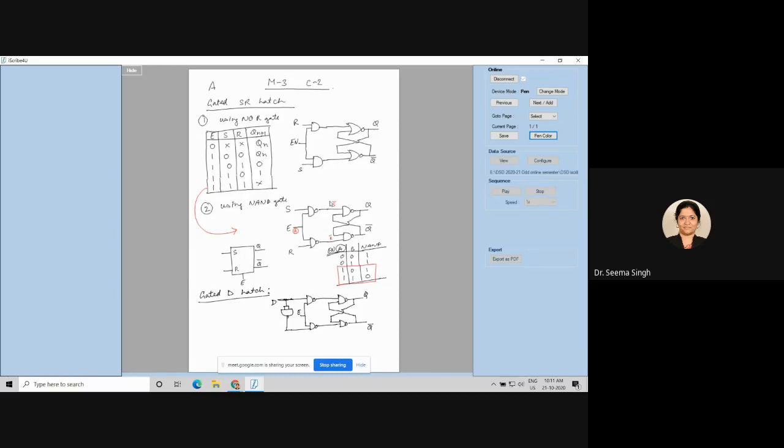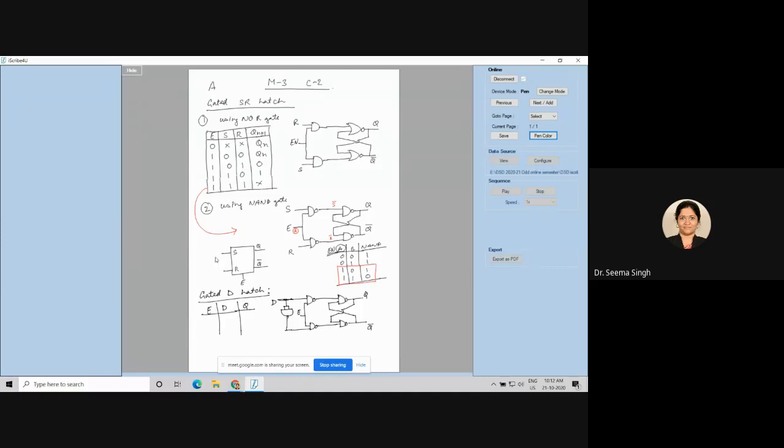Now you have to see how the things change. We will be using our previous truth table only, only the part which is coming, I will be using that. Now it is only one input. So I will write E and D and Q.